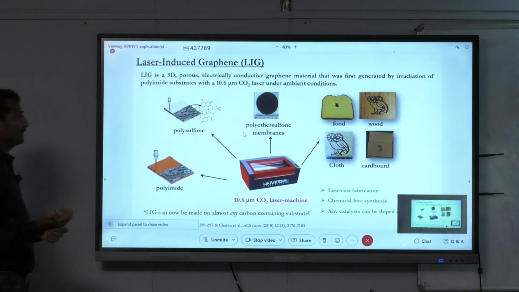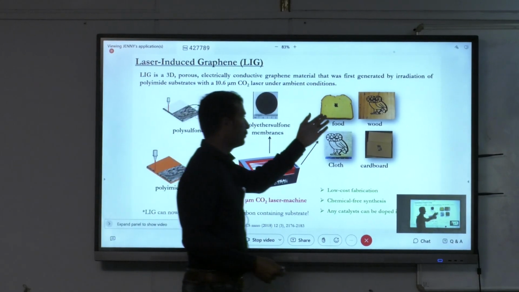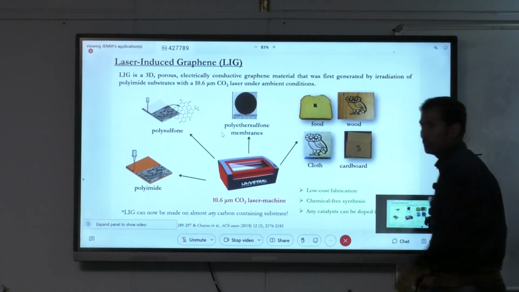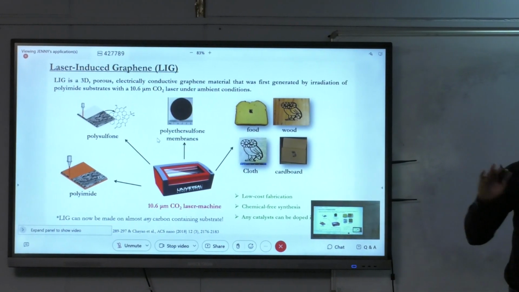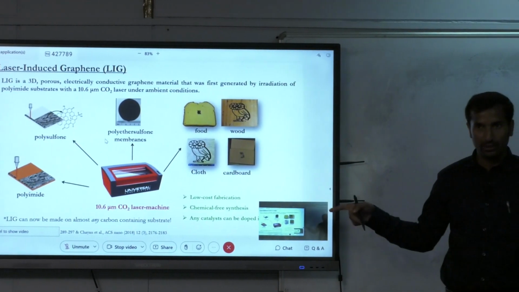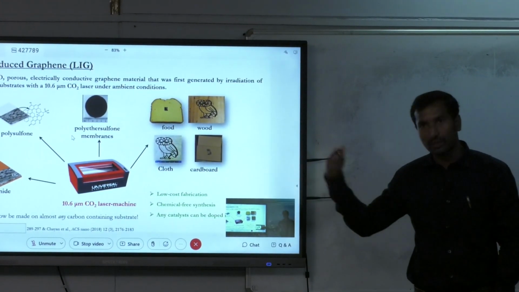Later our collaborators started to work with different materials. They also tried food, wood, cloth and cardboard. They later came to the conclusion that any carbon precursor can be converted into graphene. Most of the polymers can be converted into graphene.